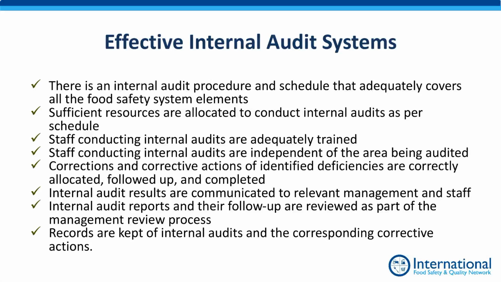Corrections and corrective actions of identified deficiencies need to be correctly allocated, followed up, and completed. Internal audit results need to be communicated to relevant management and staff. Internal audit reports and their follow-up need to be reviewed as a part of the management review process. Records need to be kept of internal audits and the corresponding corrective actions.